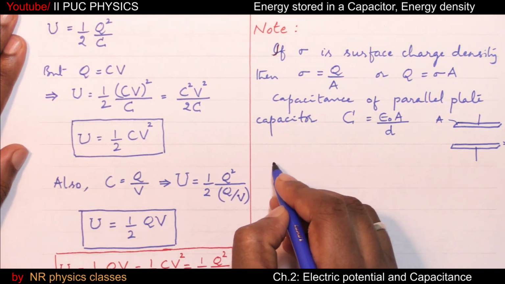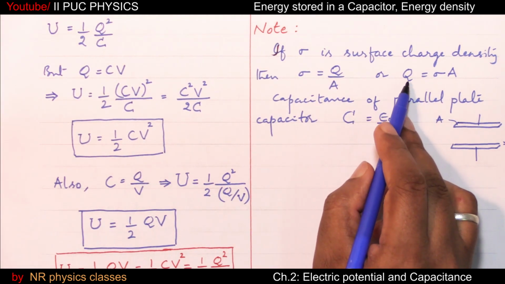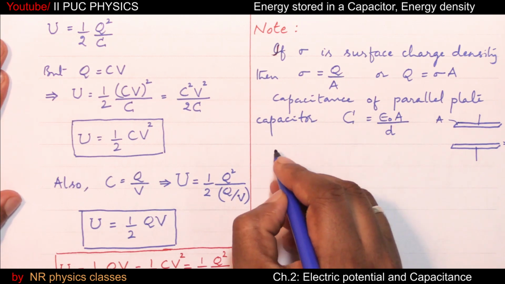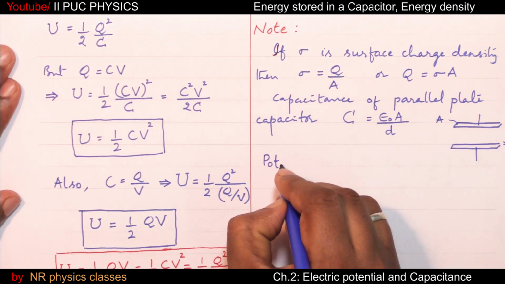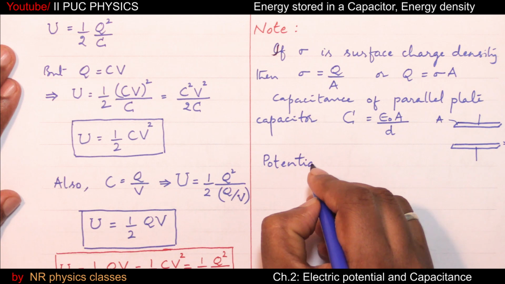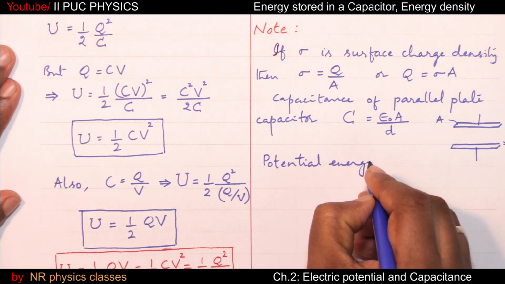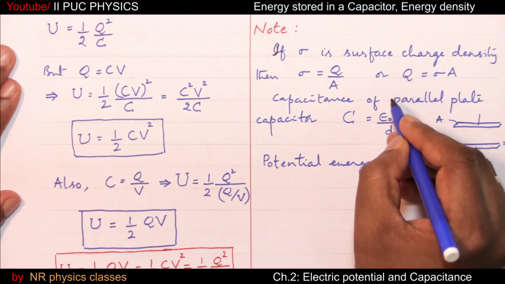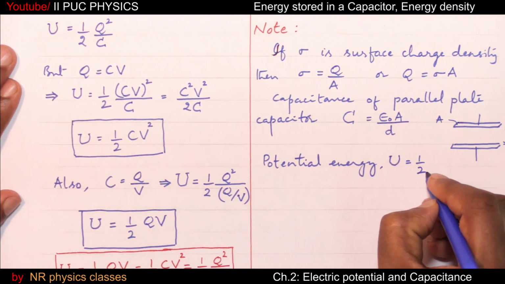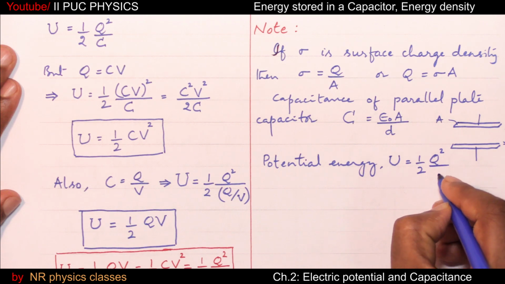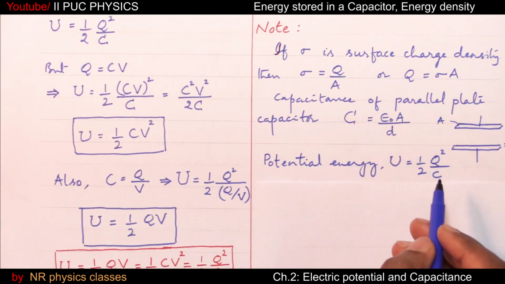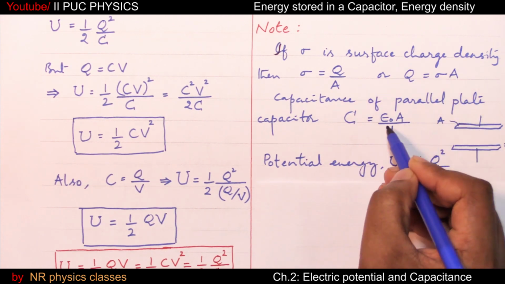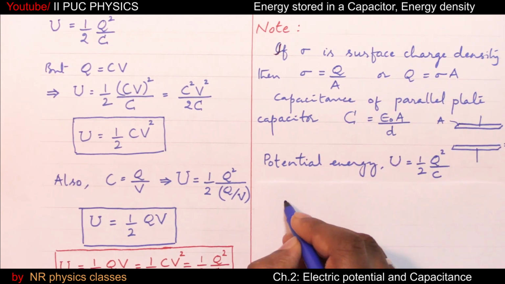Consider potential energy. We have expressions for charge and capacitance. So let me consider potential energy U in terms of Q and C. So it is half Q square by C. Let us substitute these two expressions, Q and C, in this expression.